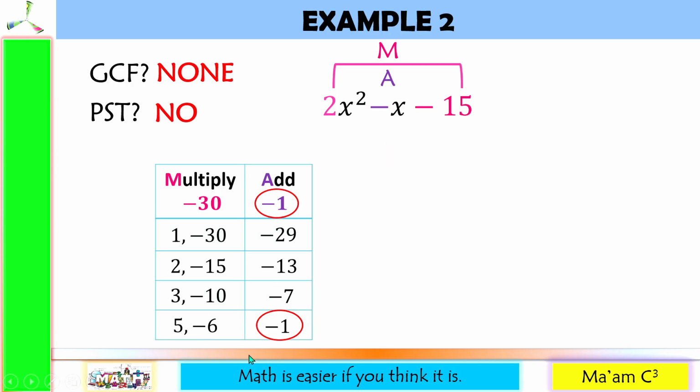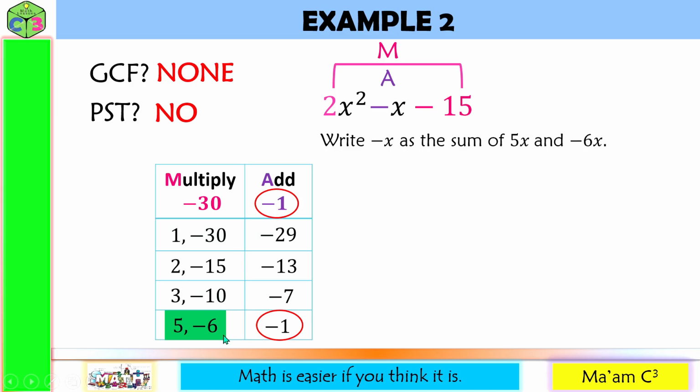So the numbers that I am going to use to rewrite negative 1x are 5 and negative 6. So let us write negative x as the sum of 5x and negative 6x. Let us copy 2x squared and then plus 5x and then plus negative 6x.